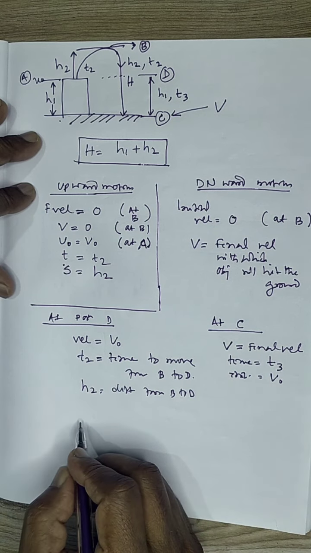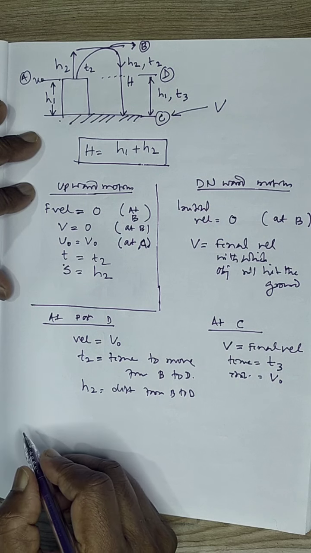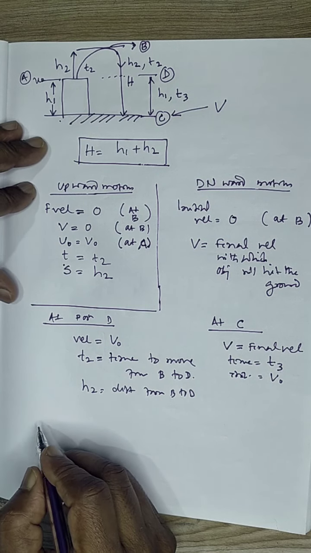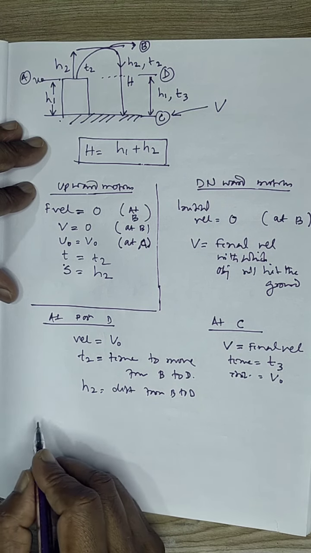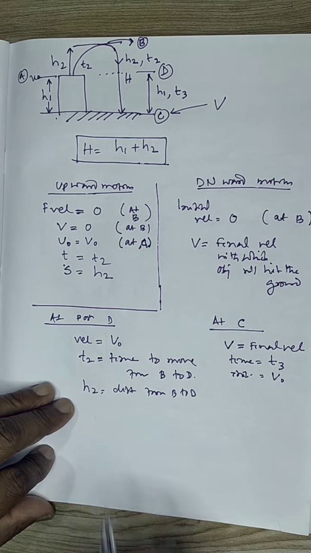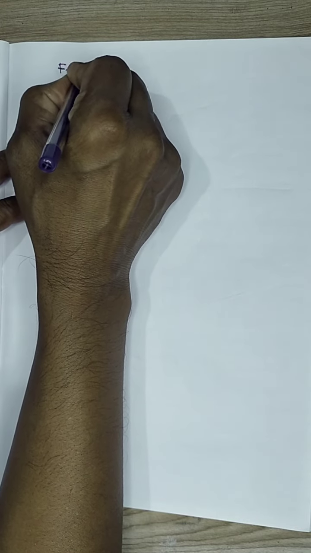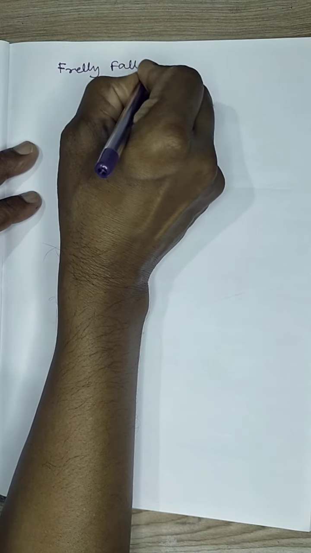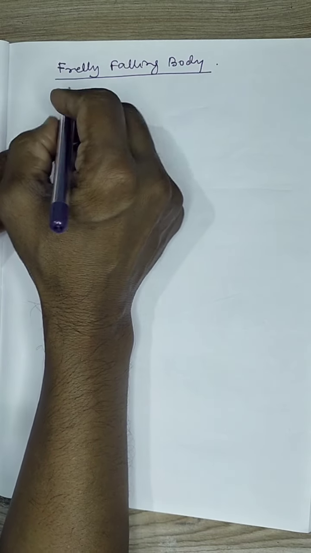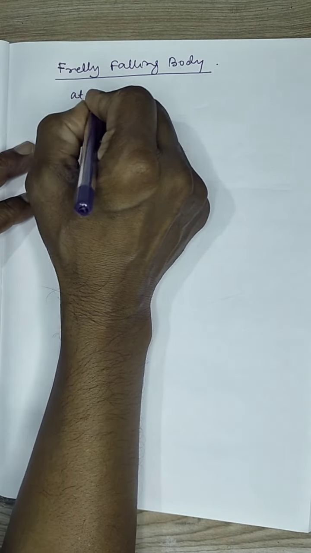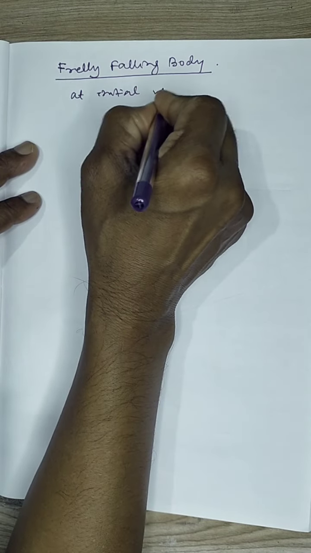Applying kinematic equations, we can get time, final velocity, and height using the three equations of kinematics. Let us consider motion for a freely falling body. What is a freely falling body? A freely falling body is a body which is thrown from a certain height at initial velocity 0.